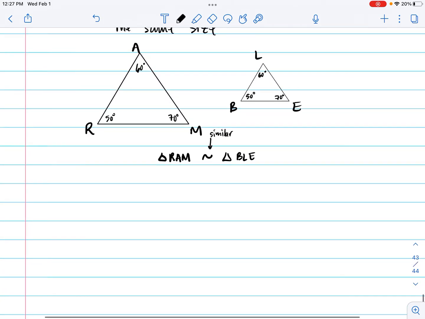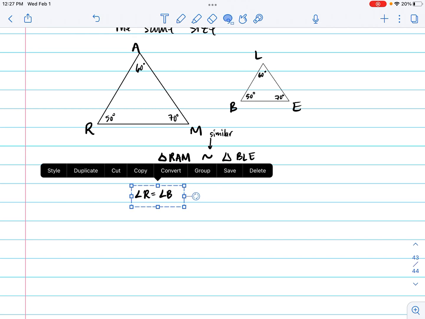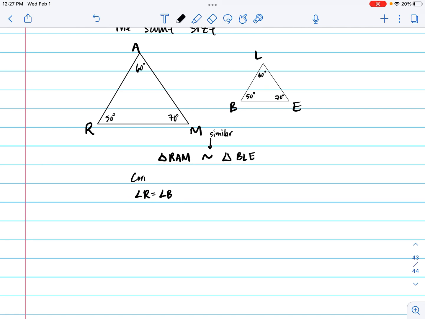Okay, and this is really important because we need to know angle R corresponds to angle B. Okay, so our corresponding angles are as so. Let's do this really quickly.